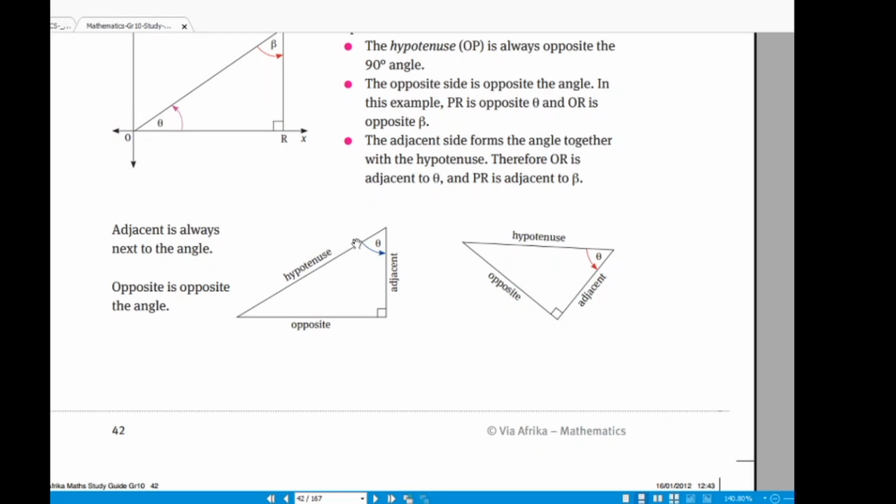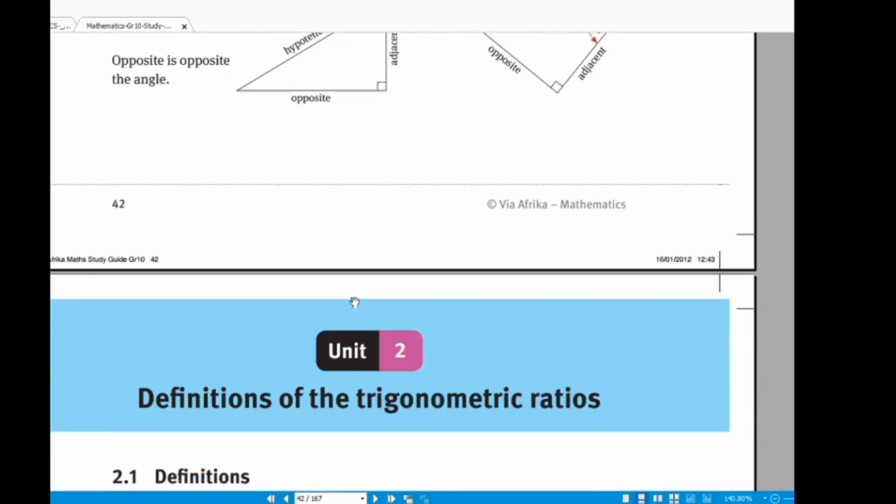You would know this from the theorem of Pythagoras from grade 8 or 9: the side opposite the 90-degree angle is called the hypotenuse, and it is the longest side of a right angled triangle. From the point of view of angle theta, the adjacent side is the side that is next to angle theta, and the opposite side is the side opposite to angle theta, right?